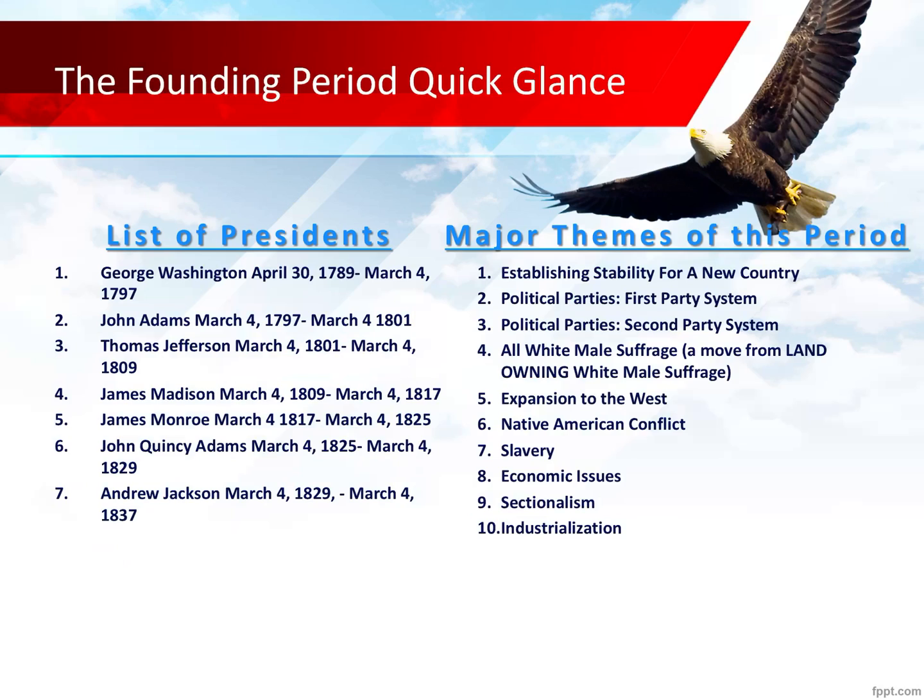Sectionalism, that means the North and the South and the Southwest and the Northwest. And by the way, the Northwest is not the Northwest of today. The Northwest is basically what is today Ohio, Indiana, Illinois, Michigan, Wisconsin, Minnesota. That's the Northwest. And industrialization.